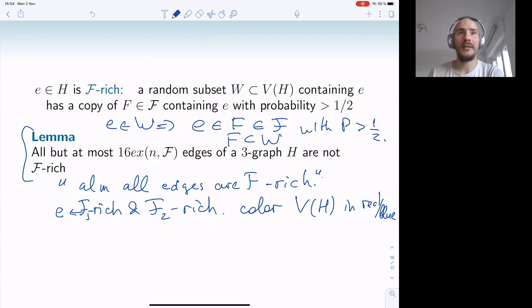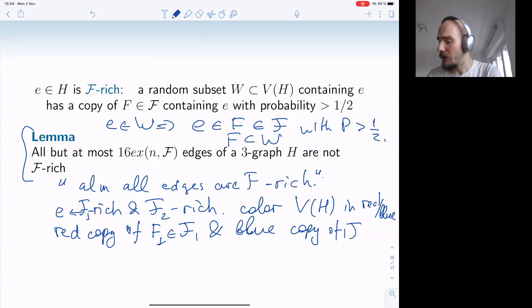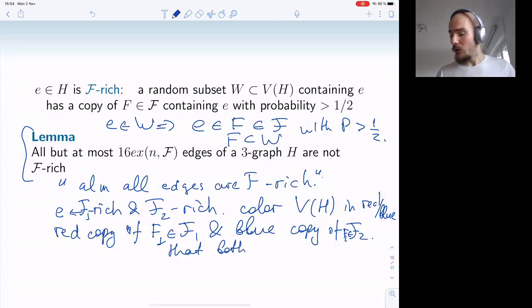And then with probability bigger than 0, you'll find the red copy of F1 from the first family and a blue copy of F2 from the second family that both contain E. The definition is made for this.